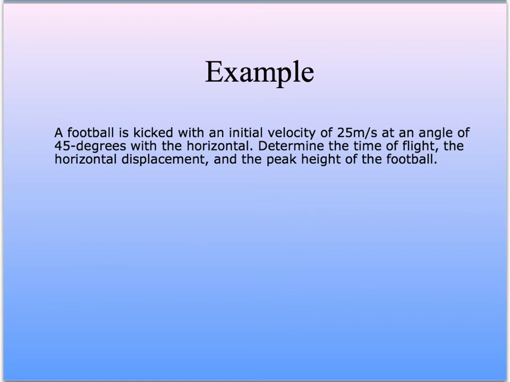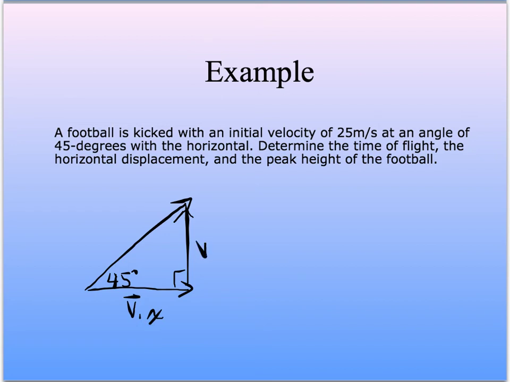The first thing we have to do in this type of question is break the initial velocity, which is at an angle of 45 degrees, into its horizontal and vertical components. This is v1x and v1y.